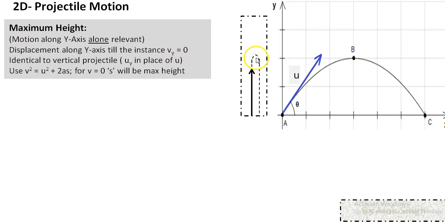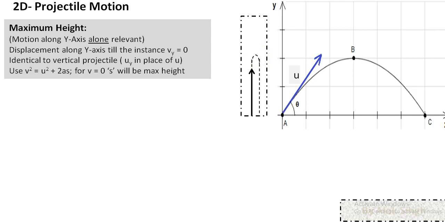What does maximum height imply? Maximum height implies displacement along the y-axis till the instant the velocity in the y direction becomes 0. So maximum height is achieved when the velocity in the y direction becomes 0, because as long as the velocity in the y direction remains positive, it will keep moving up.